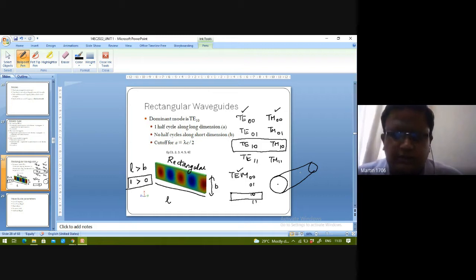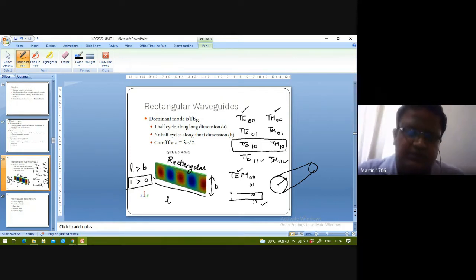If my waveguide structure is like a cylinder with a circle on both sides, then which mode will be satisfied? Definitely the radius will be equal on all sides. So then TE11, TM11, TEM11. So this is the circle concept, that is, the radius or diameter will be equal.